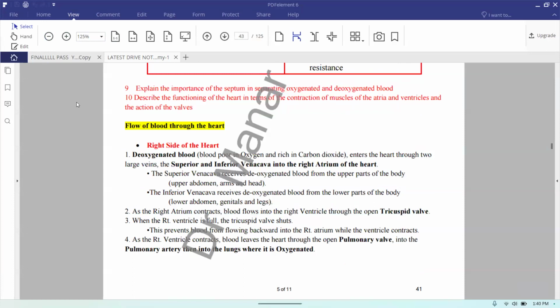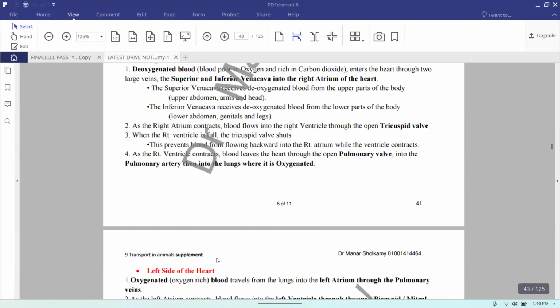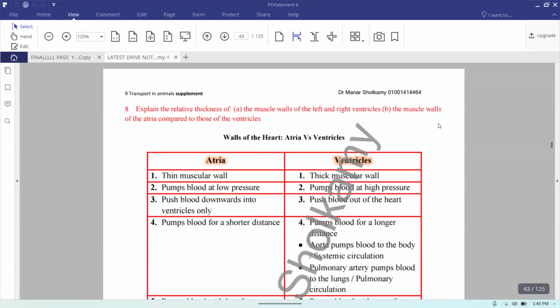How will you study this part? You will start by discussing the flow of blood from the right side of the heart. Right side of the heart, you will start with the word deoxygenated. When you discuss the flow of blood from the left side of the heart, you will start with which word? Oxygenated, and move on with the flow of the blood inside the heart. And always put the picture in mind so that you don't forget the flow of blood.